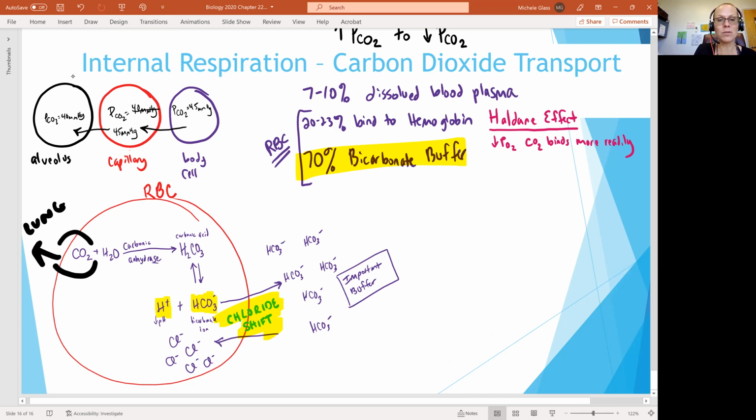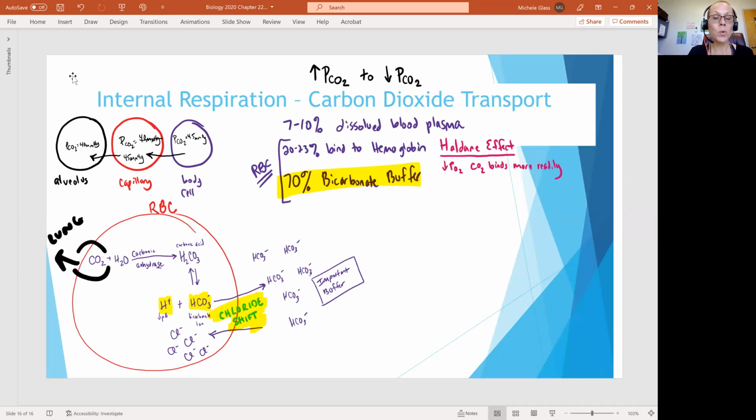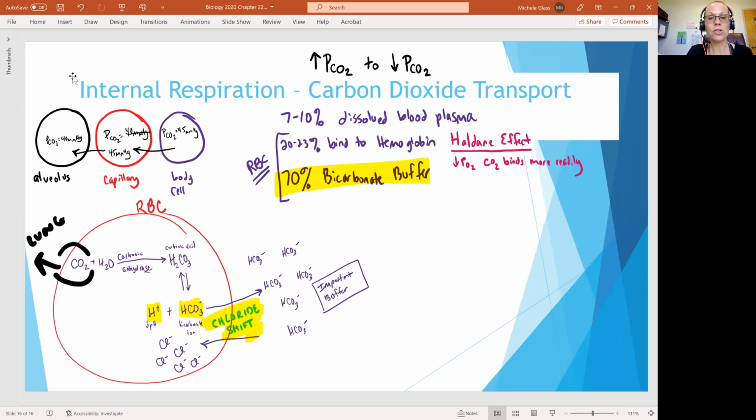You breathe out the CO2 and you're just left with water. So the significance of transporting CO2 as bicarbonate ion is you're creating this important buffer that's going to help you moderate your pH. And also, this gives you a connection to the respiratory system.